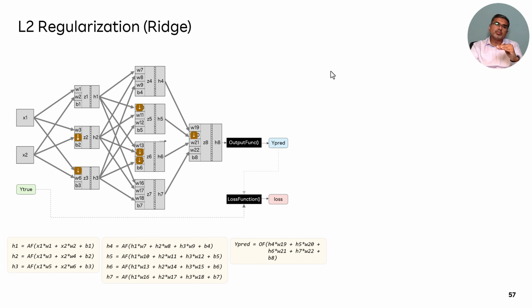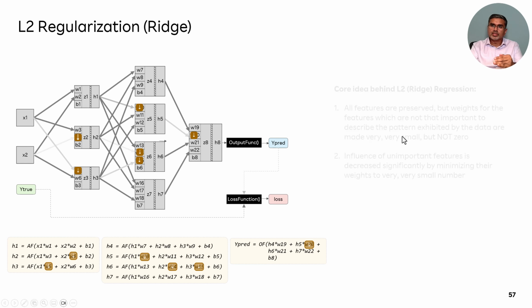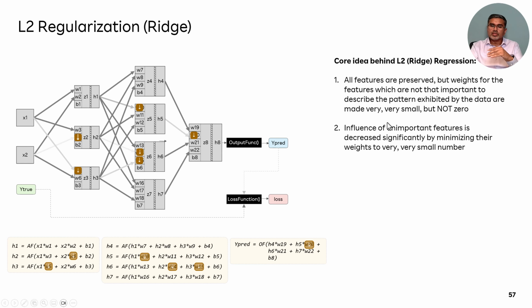I'm just going to suppress them even further so that they play a much more diminished role in the final prediction. Okay, that's all L2 does. Instead of making the weights zero, which is what L1 would do, ridge or L2 regularization makes the less important weights even smaller so that their influence over the final model is going to be less.